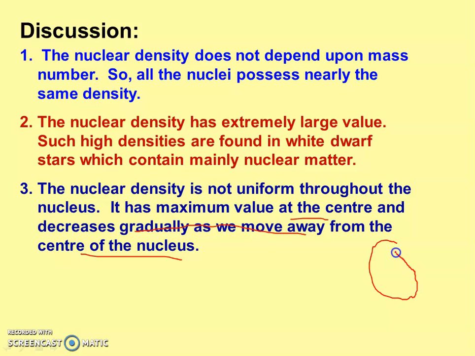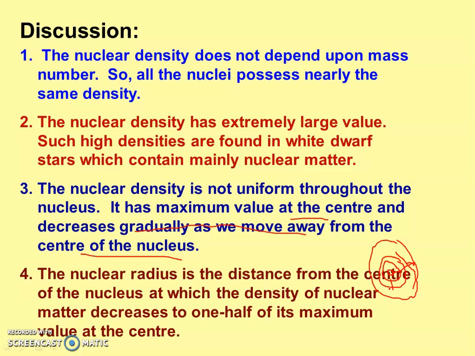For example, this is the nucleus. The density is very high over here, slightly smaller than the center here, and it keeps decreasing as we go away from the center. The nuclear radius is the distance from the center of the nucleus at which the density of nuclear matter decreases to 1/2 of its maximum value at the center.